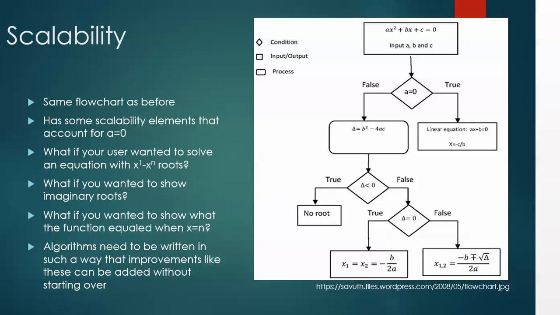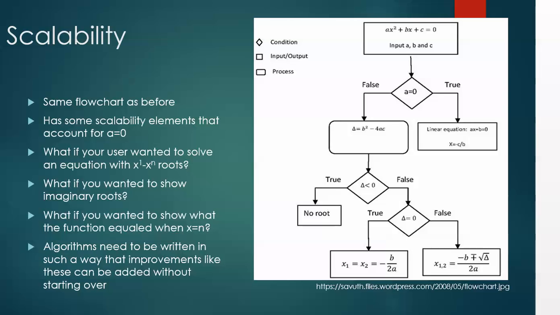And so if, let's say I want to write this in C, or I want to write this in Java or HTML, or not HTML, obviously you can't do that, but something web-based, PHP or anything like that, then you want to design something that you know that anything can handle, and you want to make it handle more stuff, and you want to be able to build off of what you started with. Scalability is a broad term that means moving across platforms and expanding on what you started with.